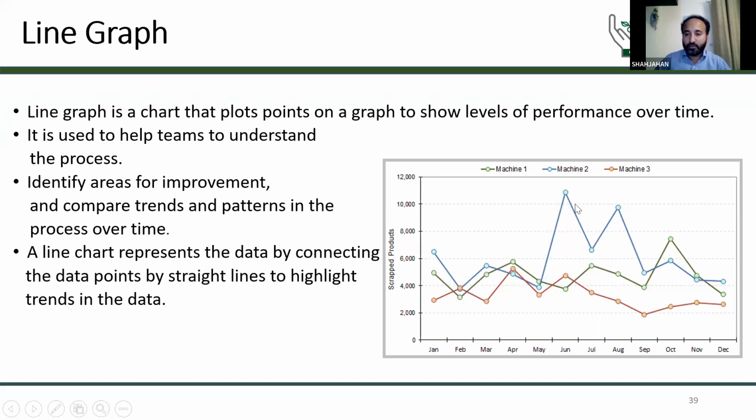But if you see machine number 2, it's going to more than 10,000 scrap products. So this is a very easy tool to display your results. You can very easily diagnose where the problem is. Now you know, okay, there's a problem in machine 2. So we have to further analyze this data to find out why the problem is coming in this machine. So this is the line graph, meaning performance over time.